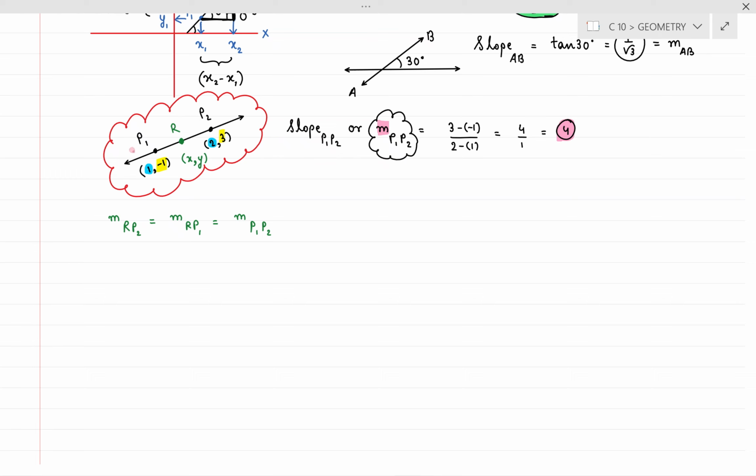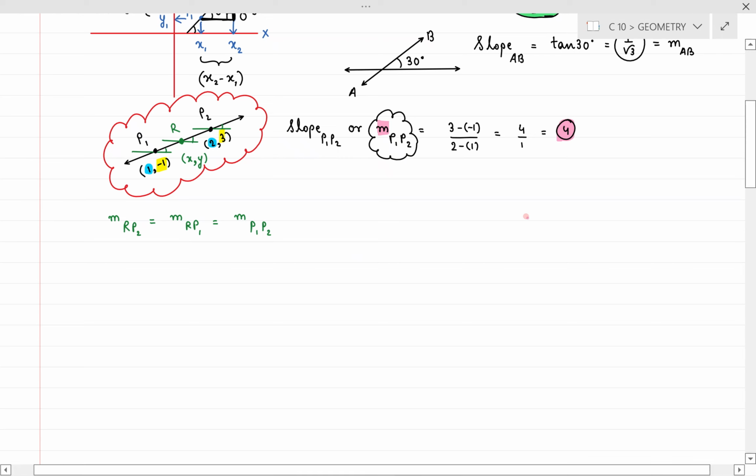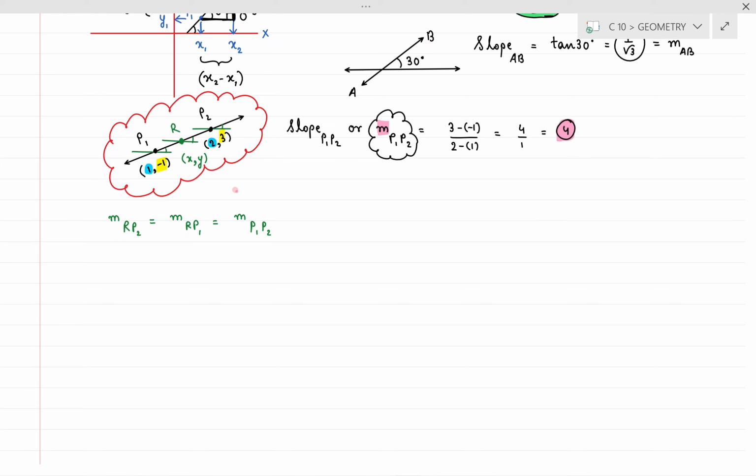At any point, if we draw an x-axis, here x-axis, here also x-axis, in all three situations the angles of inclination are the same, so it's obvious the slope will come out equal. So therefore I have written slope of RP2 is equal to slope of RP1 is equal to slope of P1, P2.